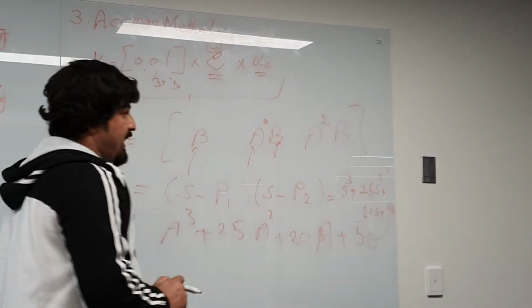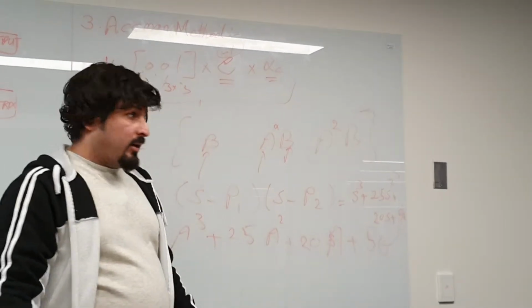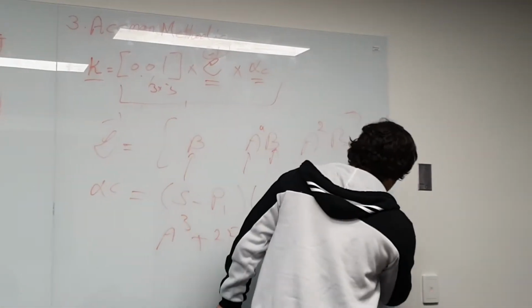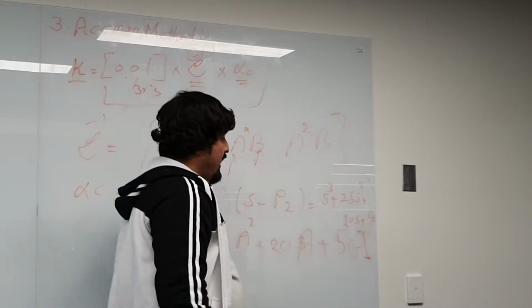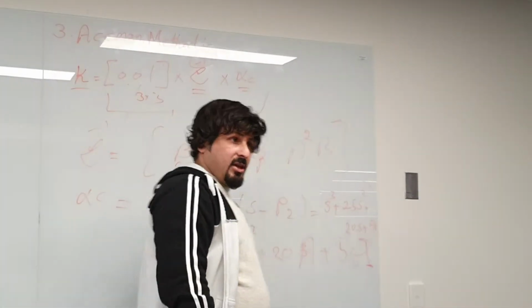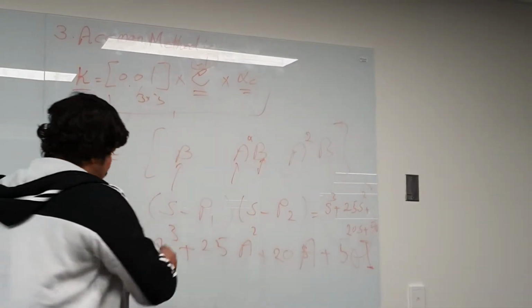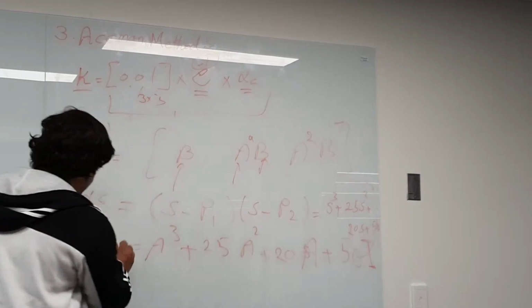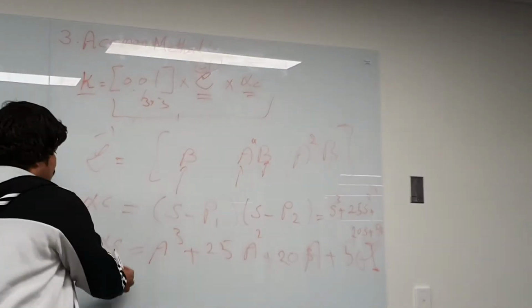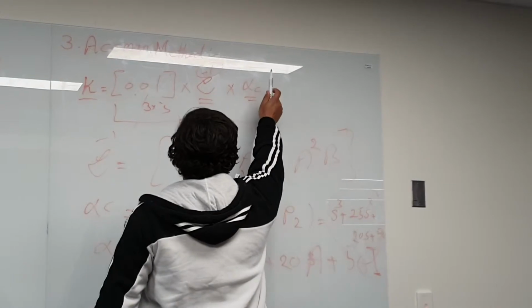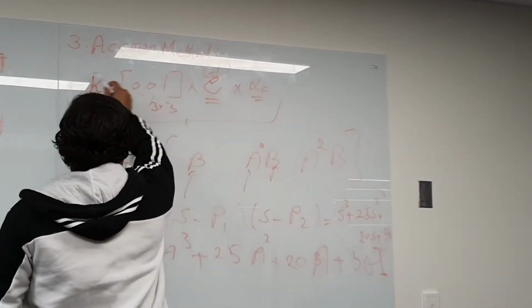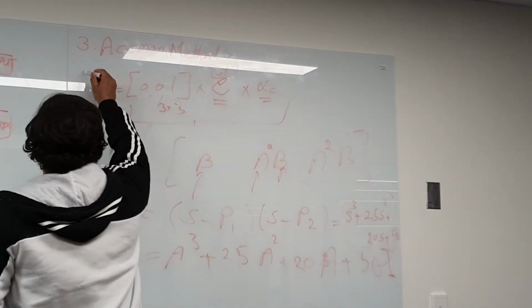In matrix form, as I said before, the 50 should be multiplied by I, which is the identity matrix. And then when we get the value of alpha C, we're going to apply alpha C in our equation, and we're going to get K.